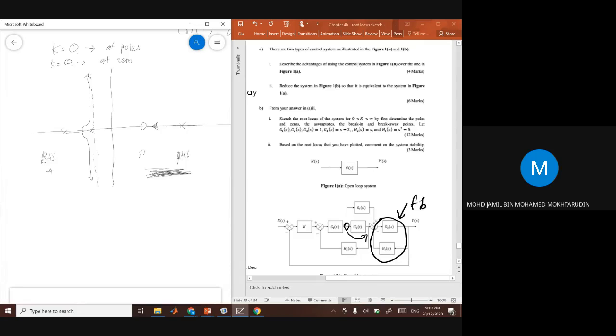So you can say from the root locus, for k from 0 to infinity, the poles or root locus will have sections or branch on right hand side of S-plane.